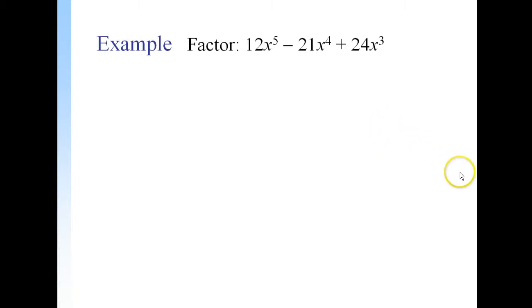Okay, now let's factor this one. So as we look at it, we have 3 terms. So I'm going to need a parenthesis like so for 3 terms. I'm going to see what the greatest common factor I can take out of each one of these.